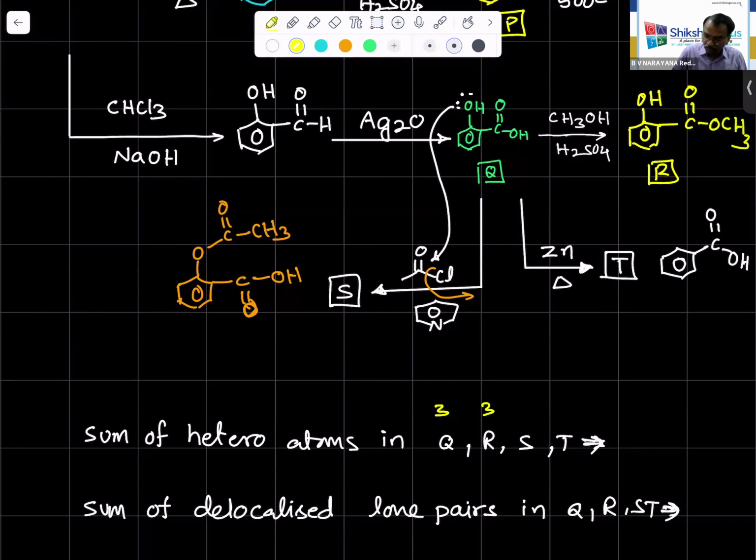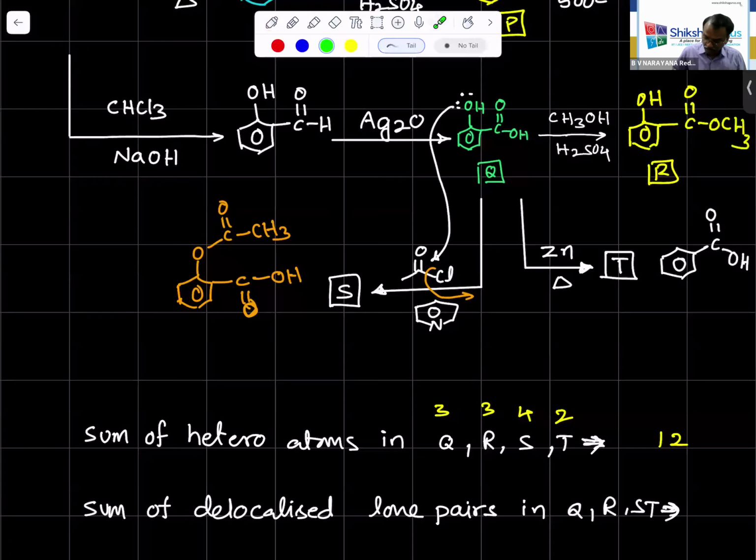In compound S, here it is 1, 2, 3, 4 heteroatoms. In compound T, here it is 2 heteroatoms. Therefore, the sum of heteroatoms present in Q, R, S, T is 12.